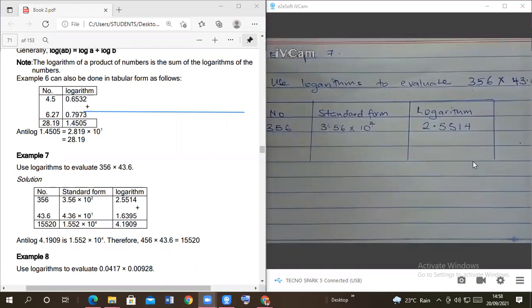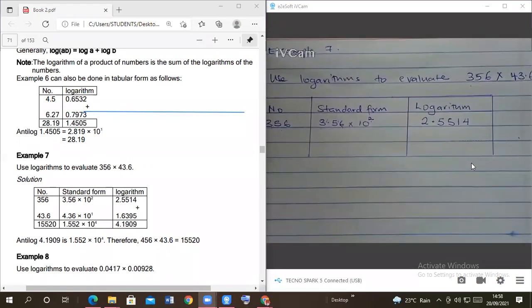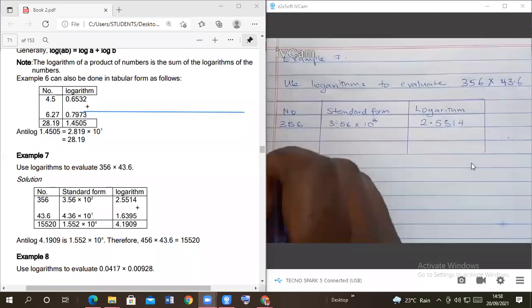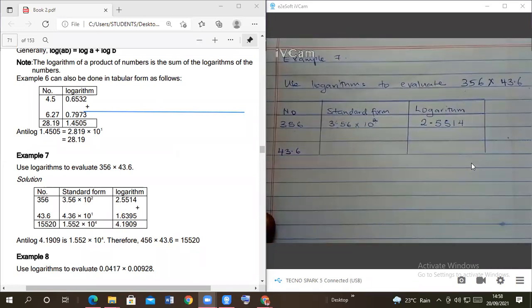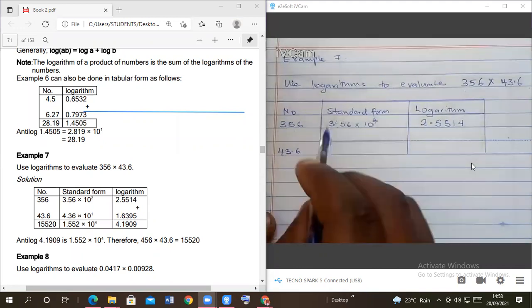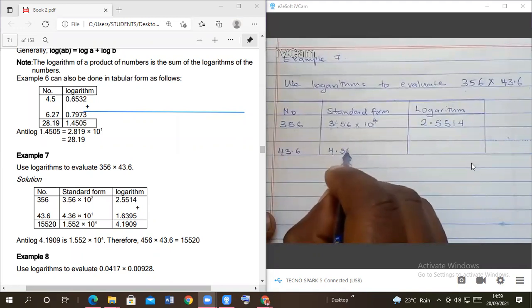Now we go to the next number, members. Our next number is 43.6. So I'll come and write 43.6 as my number. Now I have to standardize that number. Standardizing it means I have to write the first digit, then a point, then the other numbers follow. So I have 4.36.